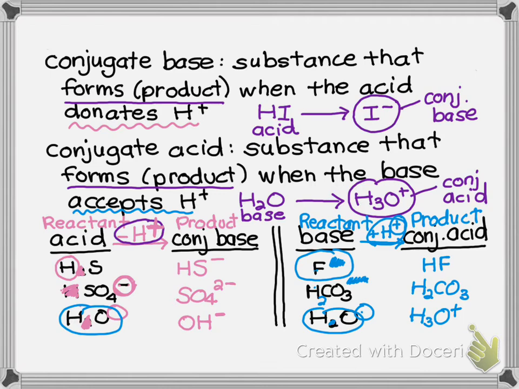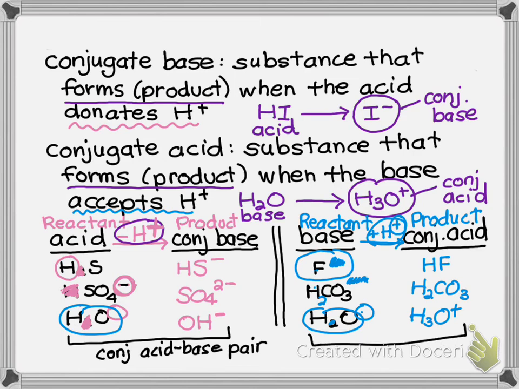Now what we call these groupings are conjugate acid-base pairs. You're probably thinking, oh my goodness, these would be the same acid-base pair. What I want to show you, and we're going to look at an equation when it's all together, is that you don't have to have an equation to know what the acid would make or what the base would make.